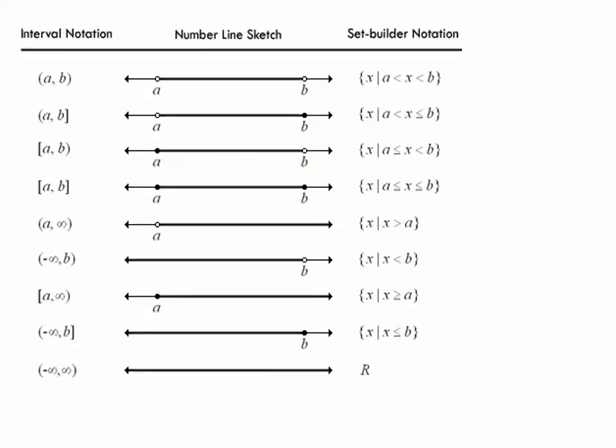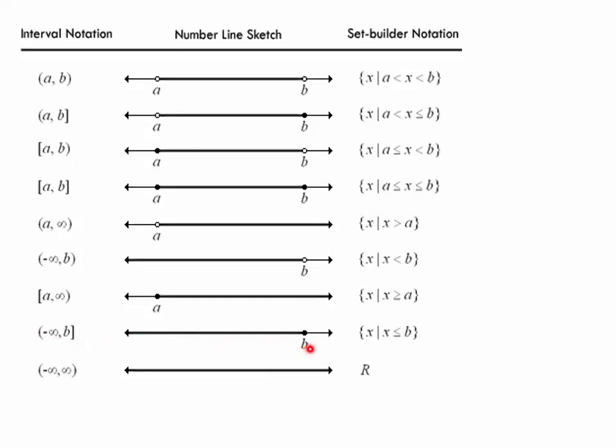Now I will explain the infinite interval. This is an infinite interval which includes a and includes all the numbers up to infinity. So this goes on up to infinity. This one includes all the numbers from minus infinity to b.